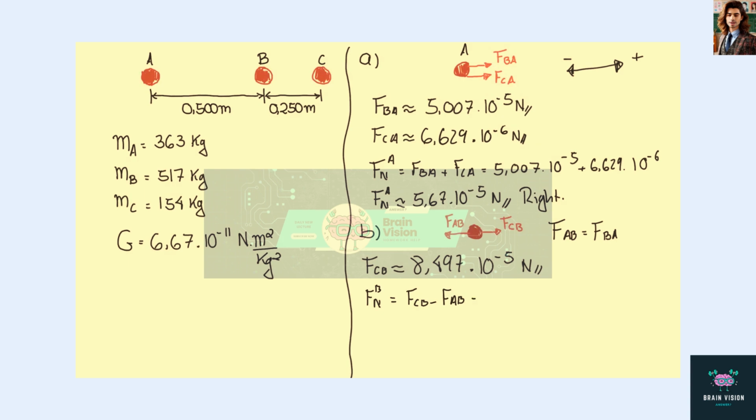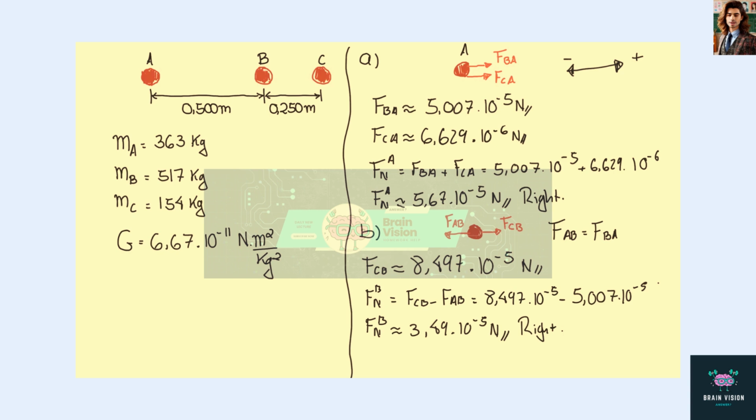And this is equal to 8.497 times 10 to minus 5 minus, remember that FAB is equal to FBA, and FBA is equal to 5.007 times 10 to minus 5. So we have 5.007 times 10 to minus 5 here. And this gives us a net force of approximately 3.49 times 10 to minus 5 newtons to the right.